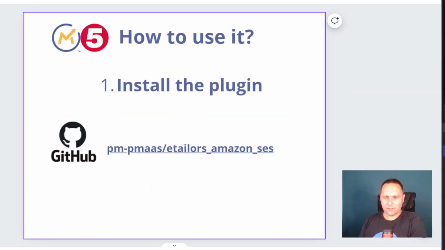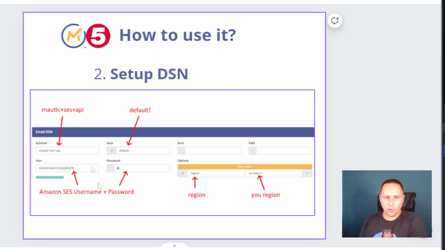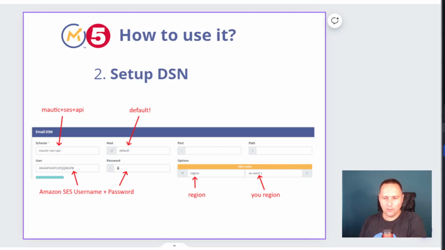So you install this plugin, and this plugin will enable you to send email if you have Mautic plus SES plus API. This should be default without the exclamation mark. Then you add your Amazon username and password and your region as well.